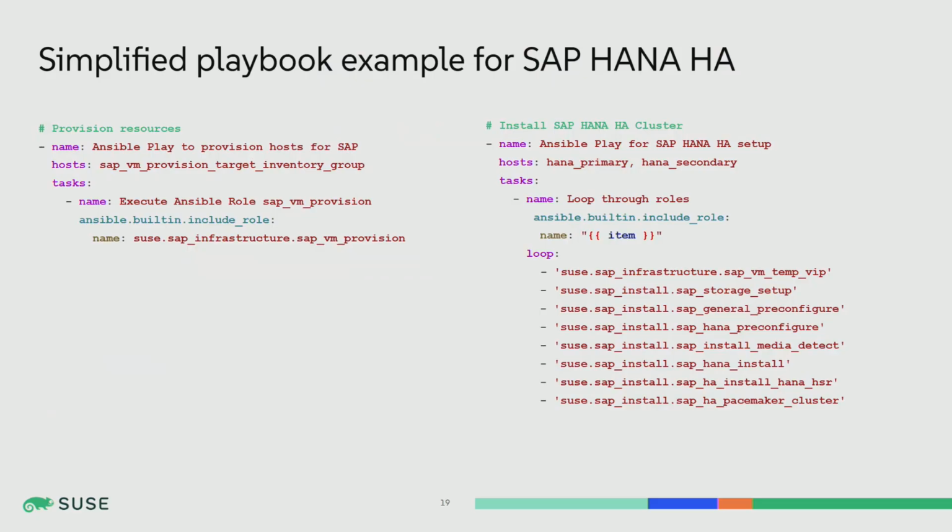This is a simplified overview of what you can expect when you look at the playbook. Of course, simplified means really simplified, because the playbook itself has hundreds of lines, and this is just an overview of what's happening. They are all meant for provisioning, but you do not necessarily need to provision with them. That's the big point that is coming with this rework, because you can still use them for your own servers.